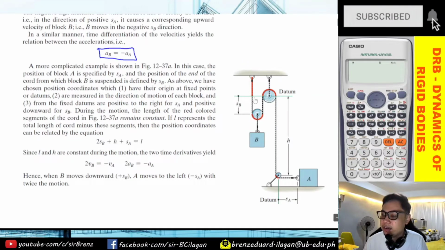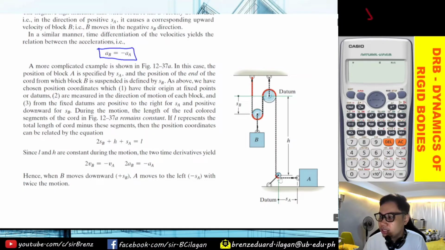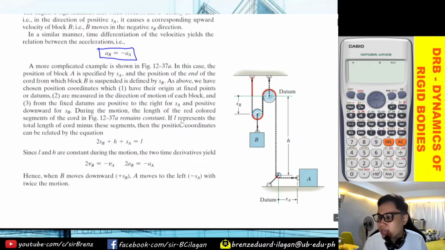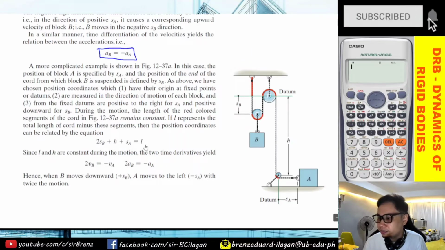Ang possible na magbago lang dyan is yung S sub B at saka yung S sub A. At the same time, itong H, itong distance between these two pulleys, will also remain constant. Kasi ito, fixed siya dito at this point. Hindi magbabago yan. So ito is still H. Okay? So, if L represents the total length of the cord, yung L natin, just this one.